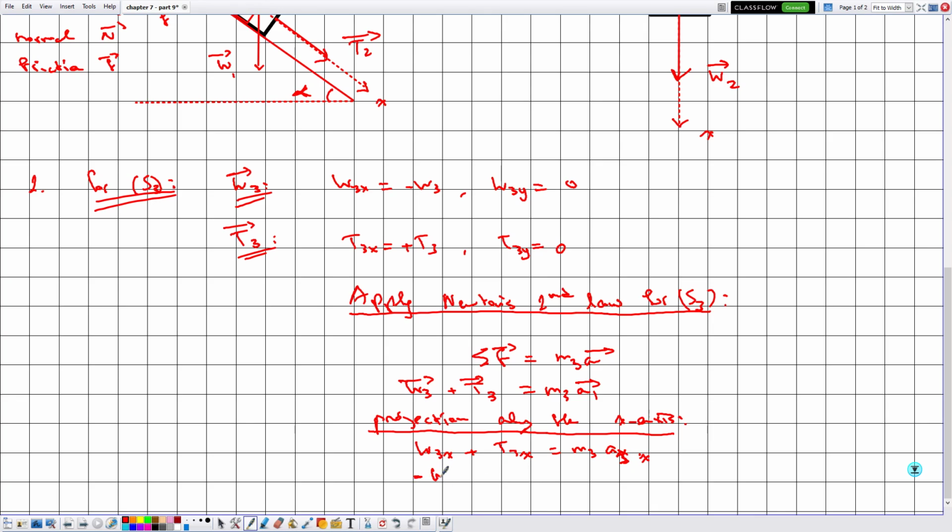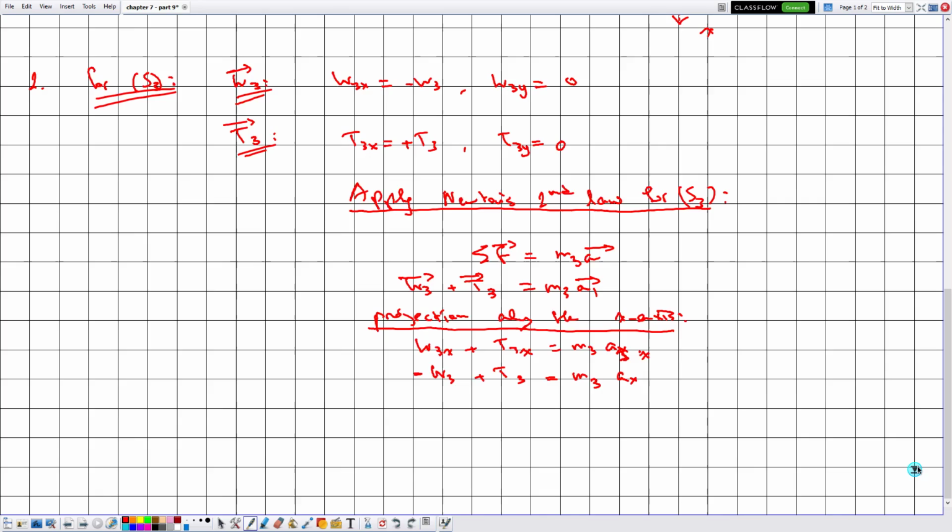W3x is simply minus W3, so minus W3 plus T3 is equal to M3A3x. So T3 is given by M3A3x plus W3.